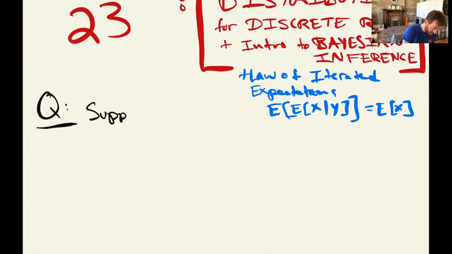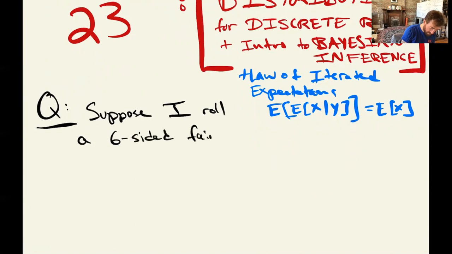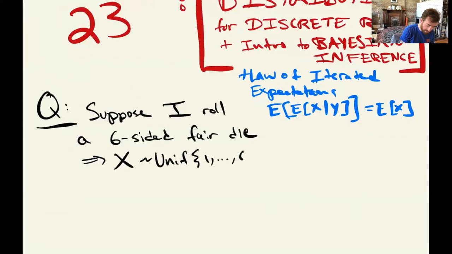Suppose I roll a six-sided fair die. Let's denote the outcome of this roll by x. And we know that x is distributed as a uniform random variable on the set of integers between 1 and 6.